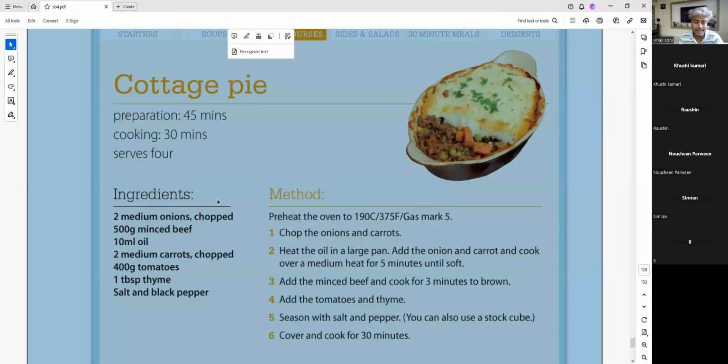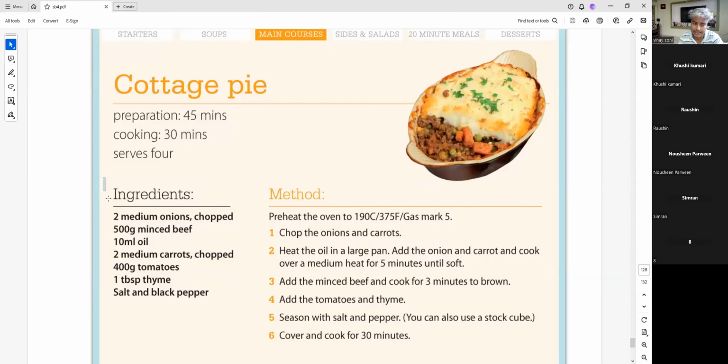Ingredients means names of things. Ingredients: onions, beef, oil, carrots, tomatoes. These are ingredients. I hope you understand. If you want to cook kheer, what will be the ingredients?